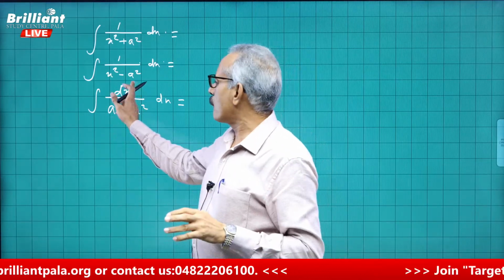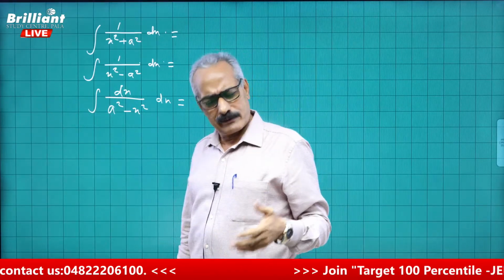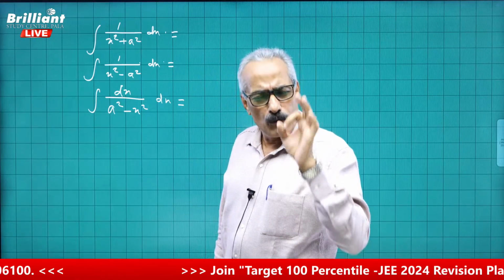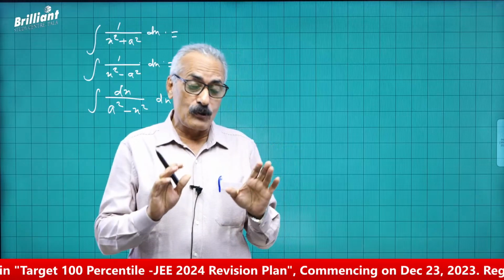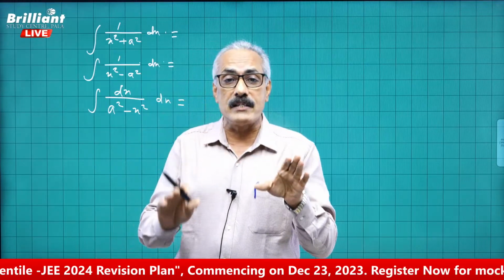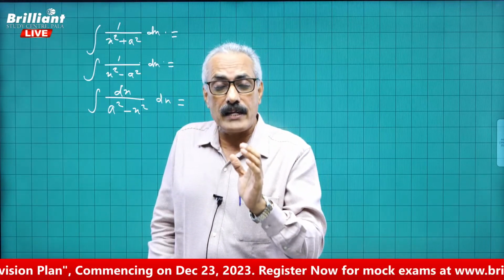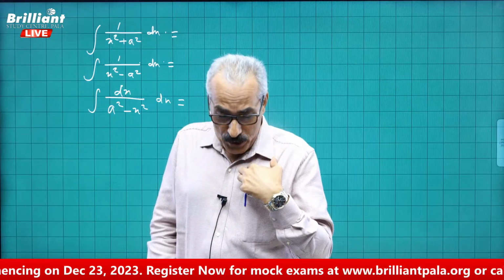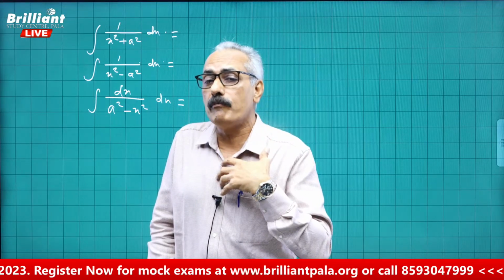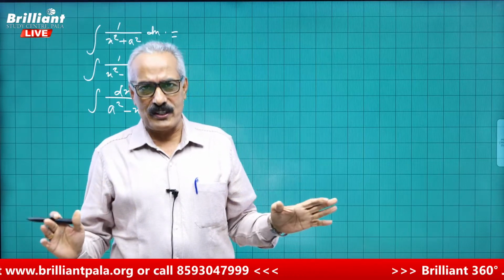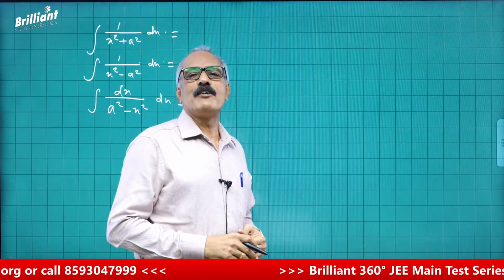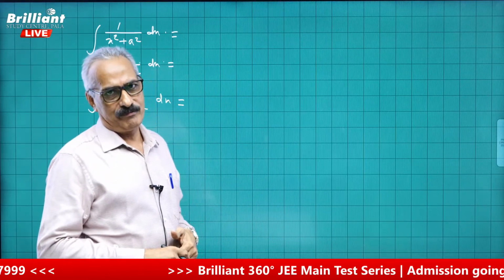Nothing wrong in taking the minus sign and then putting your formula; you get the same answer. And one more thing I forgot to tell you: there will be no two answers in integrals. Whether I solve correctly or you solve correctly, we must get the same answer. Maybe they may differ by a constant, but the antiderivative, the primitive, will be the same.